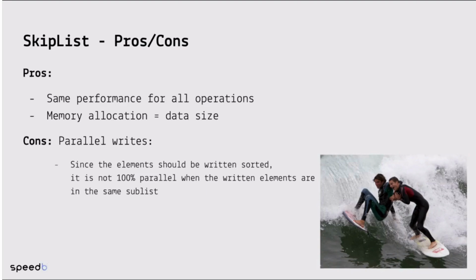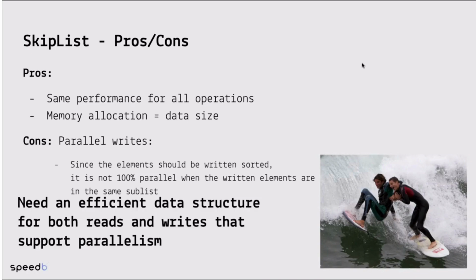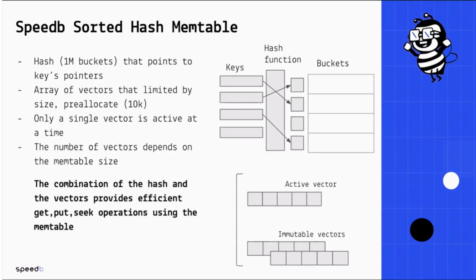So we realized that we need to find an efficient data structure that serves very fast reads and writes without compromising on seek, and of course supports parallelism. So Speedb introduced a new sorted hash Memtable. This Memtable consists of 2 data structures, a hash table and an array of vectors. The hash table is built from 1 million buckets that are pre-allocated once the Memtable is created.